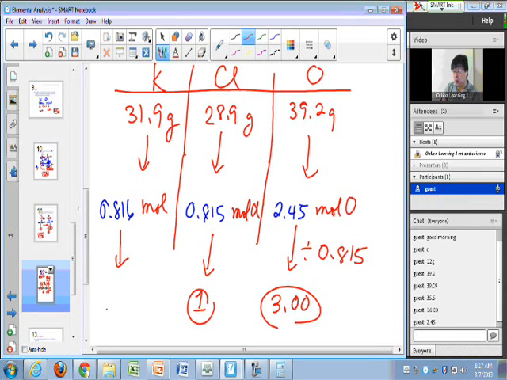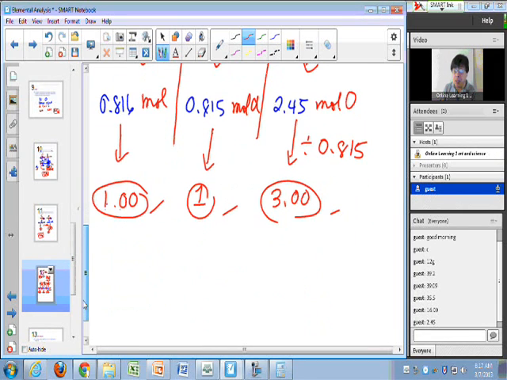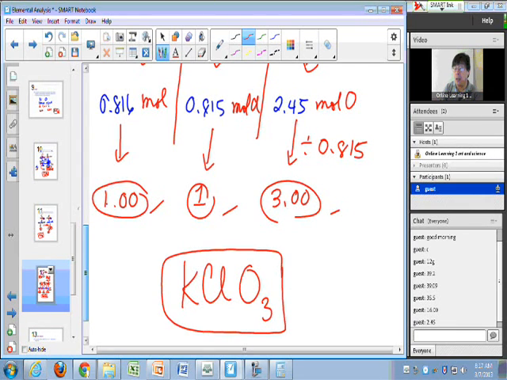Should be very close to 1, right? 1.001, so 3 sig figs, that's 1.00. So what is the empirical formula of our compound? That's 1:1:3, right? So 1 potassium, 1 chlorine, 3 oxygens. So KClO3. That's how you determine your empirical formula.